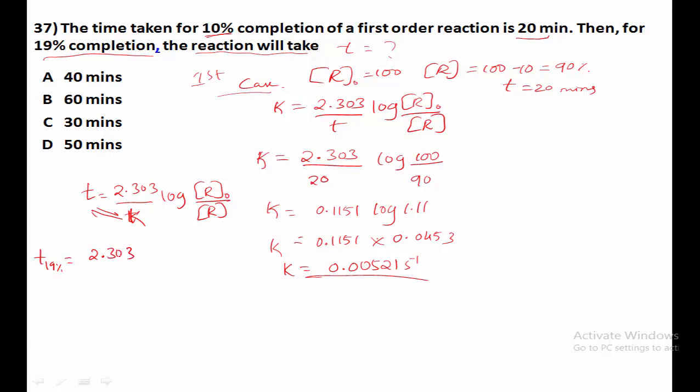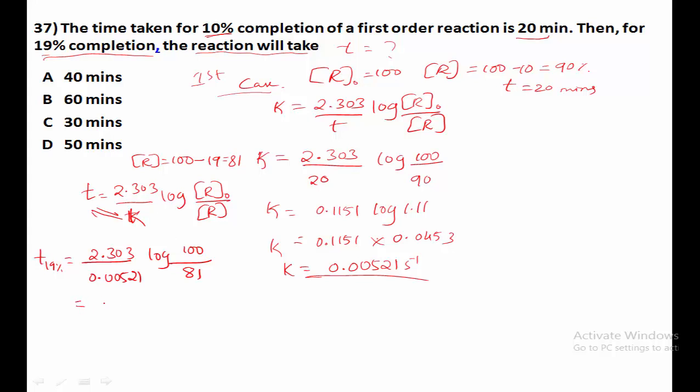Therefore 2.303 divided by K, which is 0.00521, log R naught taken as 100 divided by R. How do you calculate R? In the second case we have completed 19%, so 100 minus 19 is equal to 81. Therefore R is equal to 81.